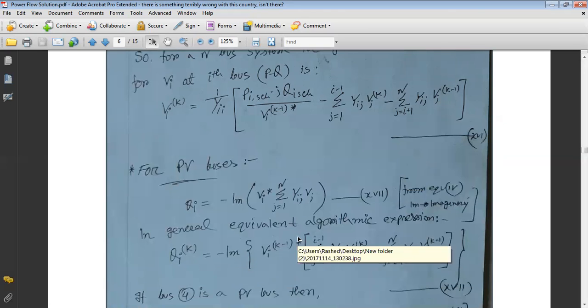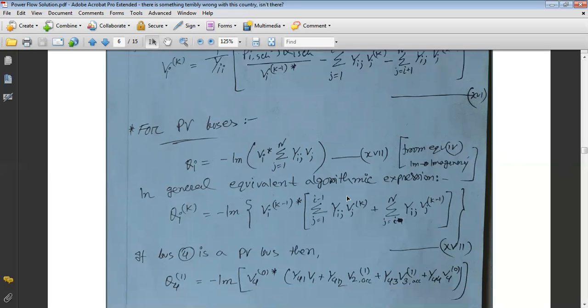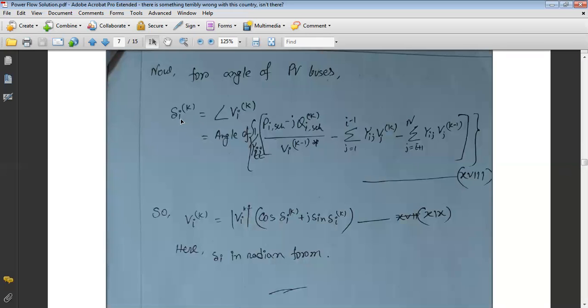So we don't need to take the magnitude, we just need to take the voltage angle, delta.